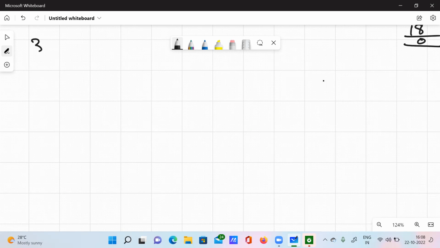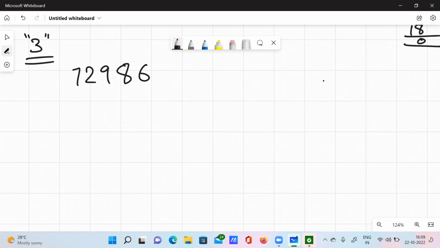Now we can talk about the number 3. How to check if any number is divisible by 3 or not? For example, I have a number like 72986. I want to check whether this number is divisible by 3.